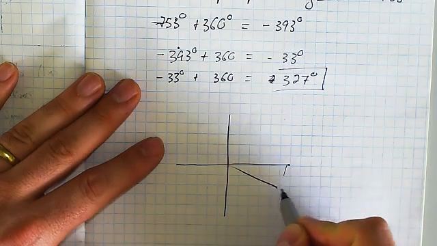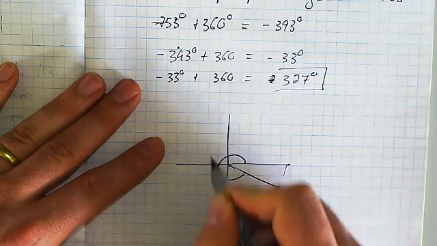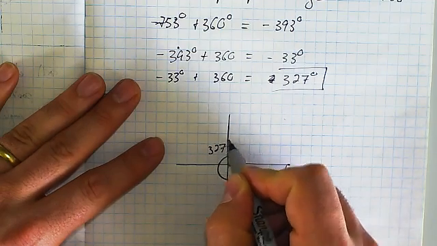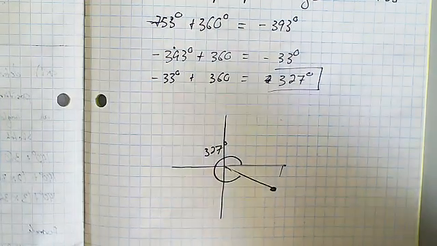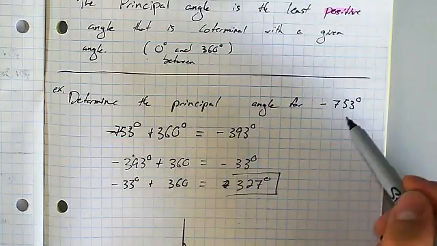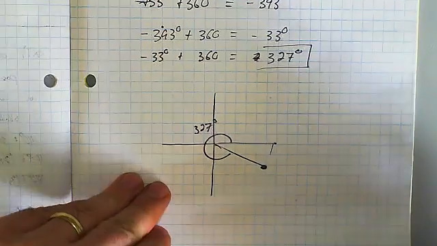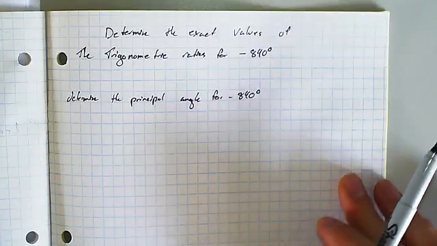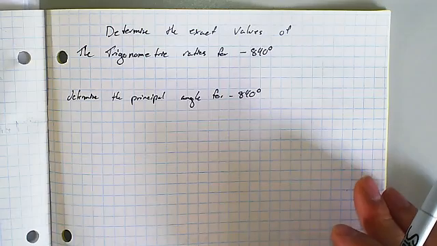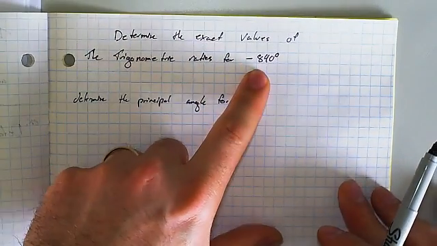So we're going to say that's in quadrant 4, and that's going to be about there, as that angle of 327 degrees. That's a little easier to graph, which is more useful later on, especially when you're asked to determine exact values, back from section 5.1.